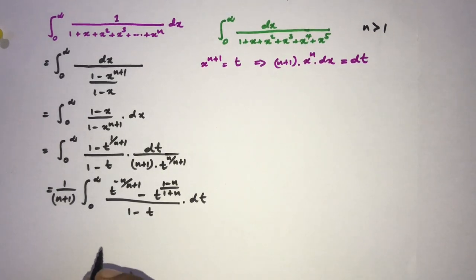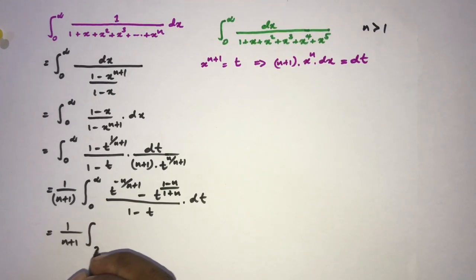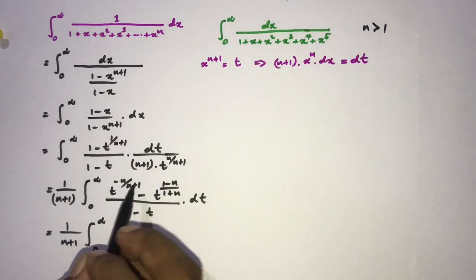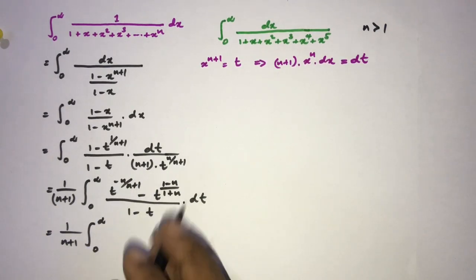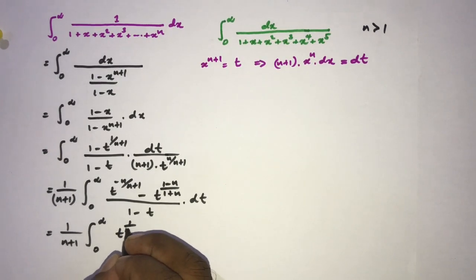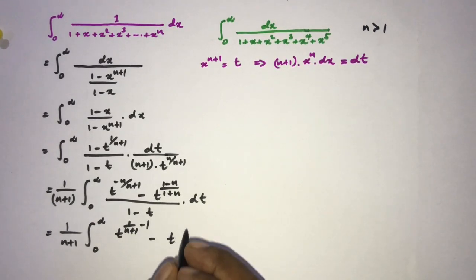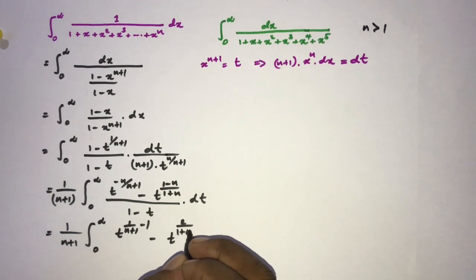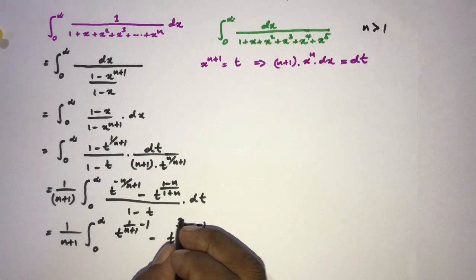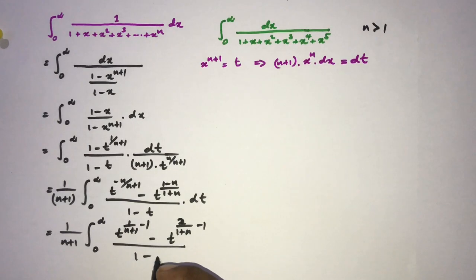As a next step, with 1 over n plus 1 outside the integral from 0 to infinity, I am going to arrange the powers: t to the 1 over n plus 1 minus 1, minus t to the 2 over 1 plus n minus 1, over 1 minus t, dt.